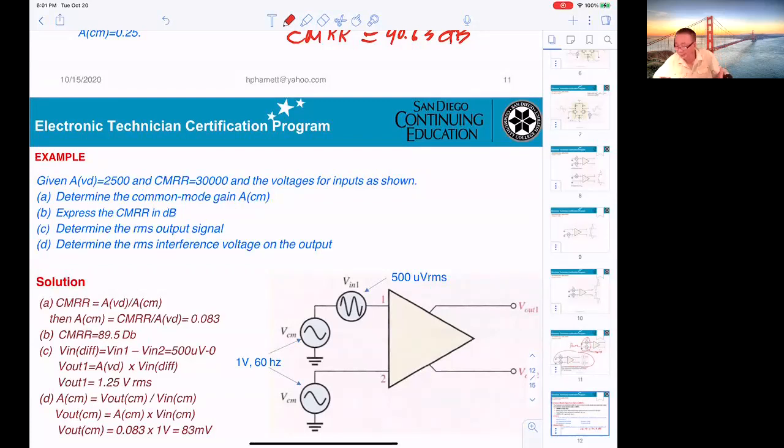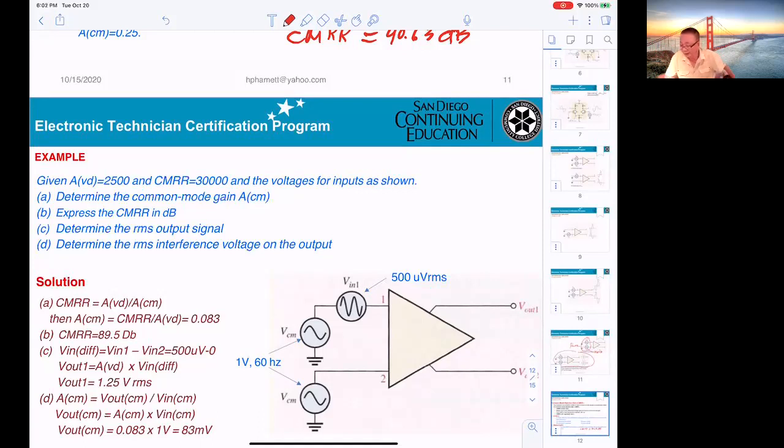Okay, so now they say given AVD 2500 and the common mode rejection ratio 30,000 and the voltage for the input is 500 microvolt RMS. Question number 8. They want to know the common mode gain, ACM.